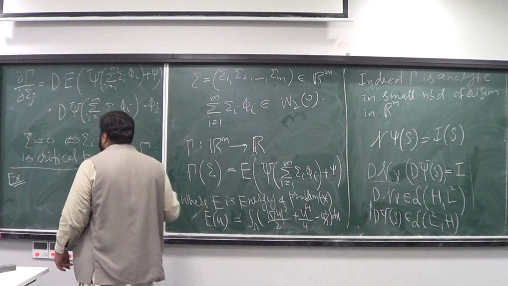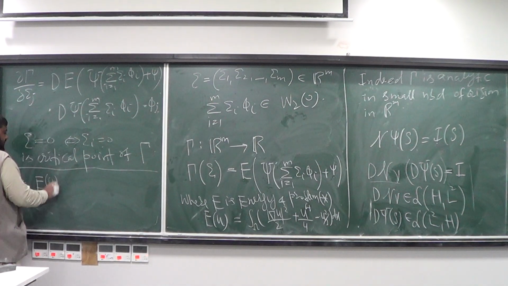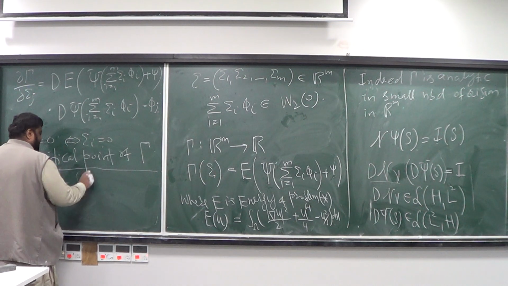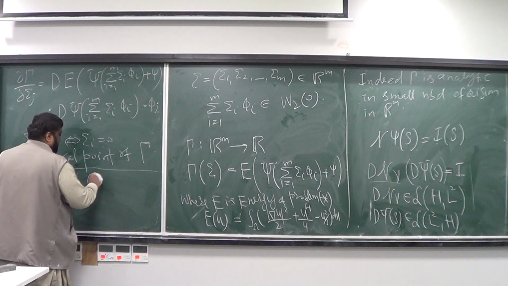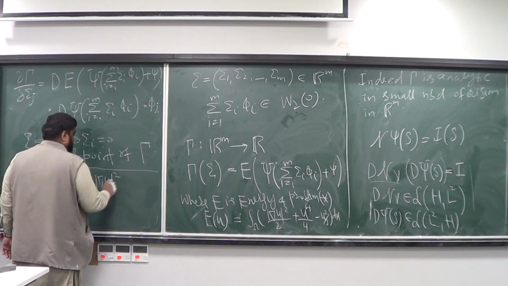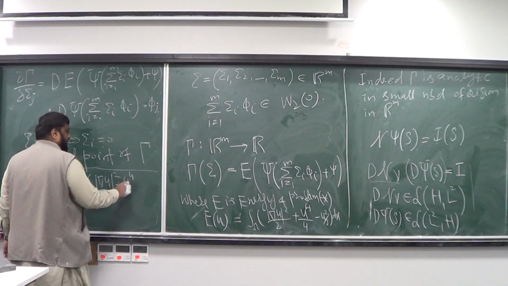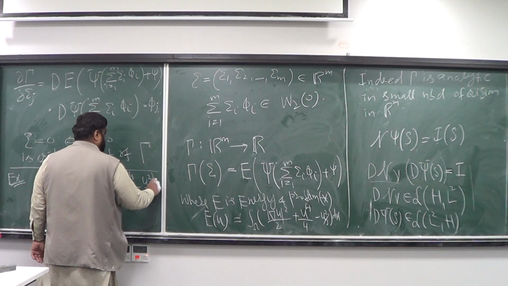Now I'm giving you a simple exercise which says that if you have e of u, which is the integral with respect to the space variable, the gradient of u square by 2 plus u power 4 by 4 minus u square by 2 dx.